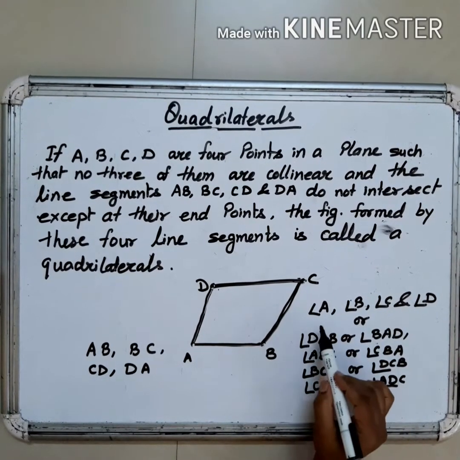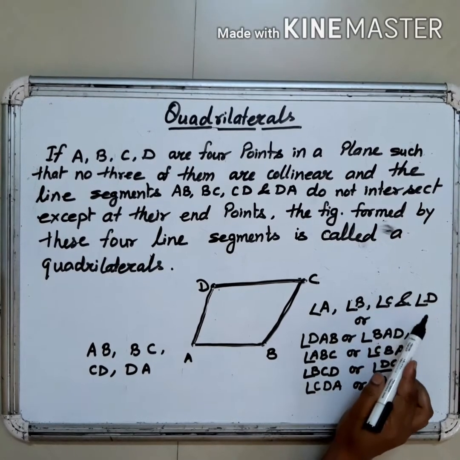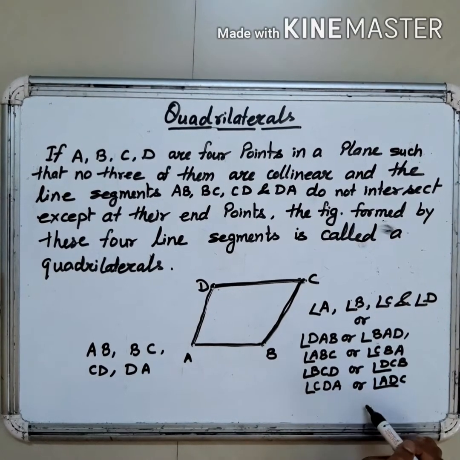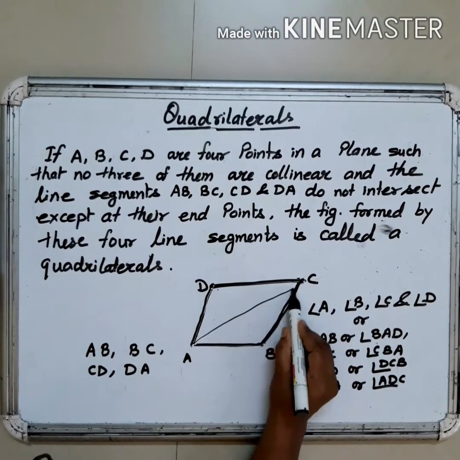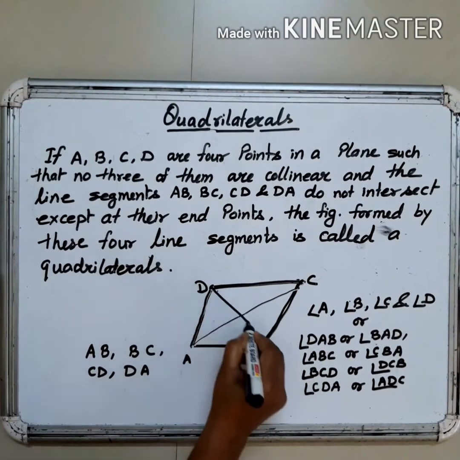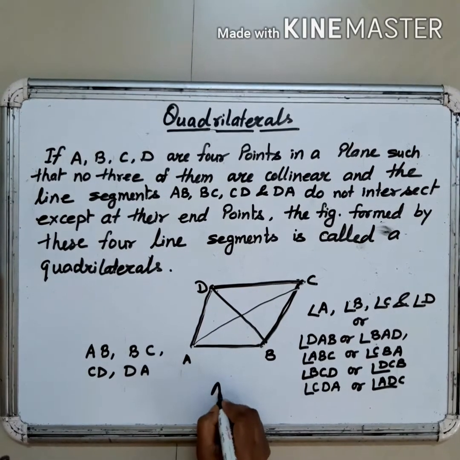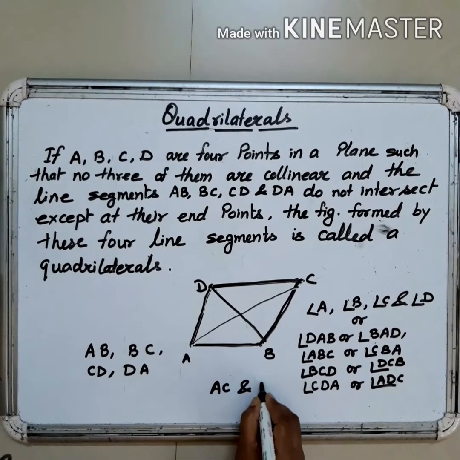Angles are represented directly as angle A, angle B, angle C, angle D in this way. And this quadrilateral has 2 diagonals, one is AC and the other is BD.